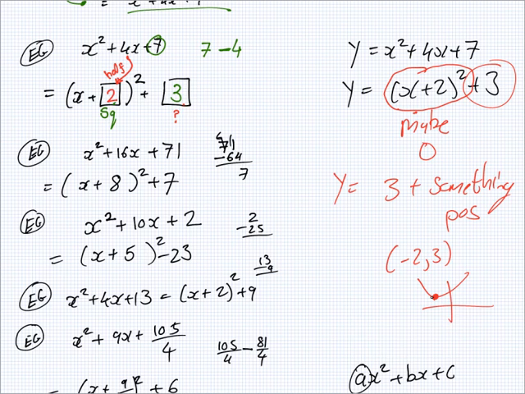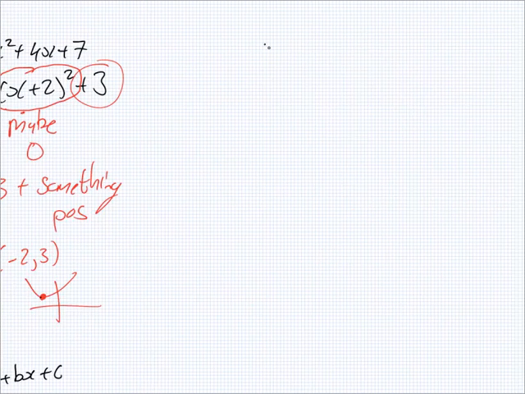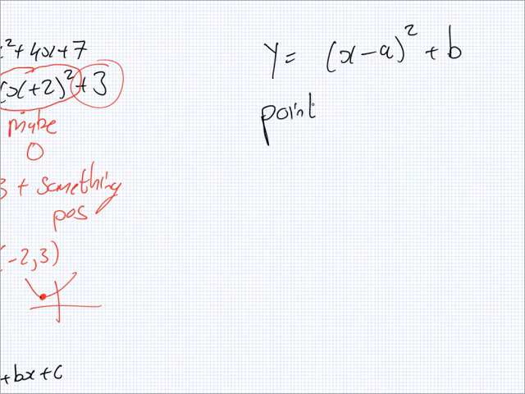So if you want to think of this as like a rule, if I have y equals x minus a squared plus b, the vertex point is at, yeah, what would it be here? A, B. So this is why we like to complete the square, because it lets us find the vertex.